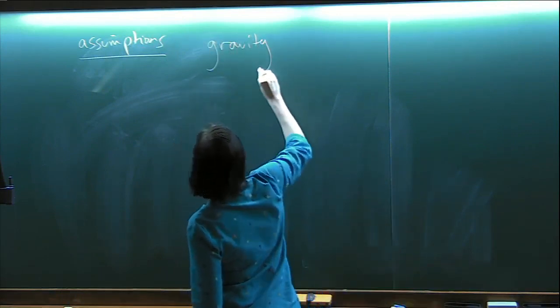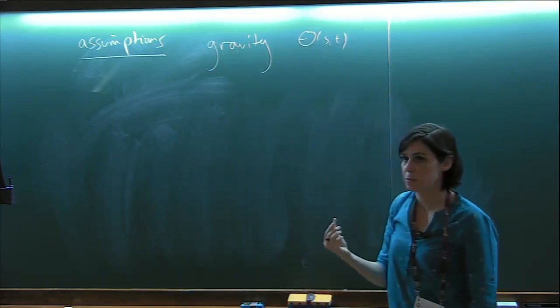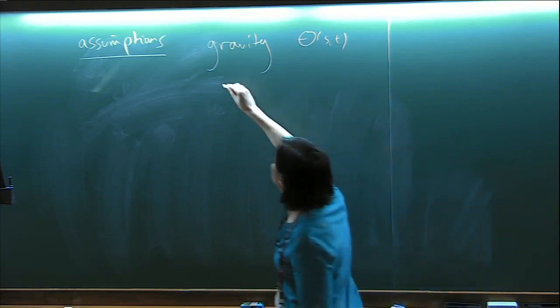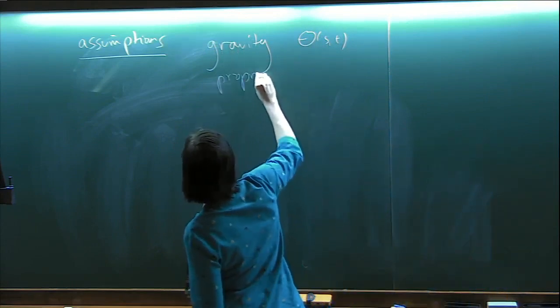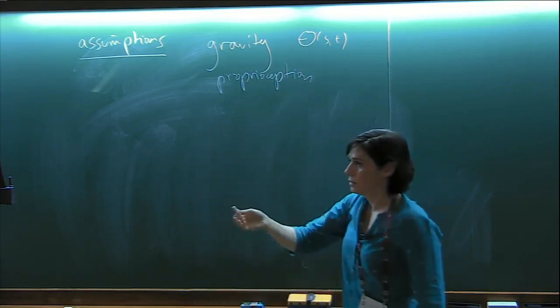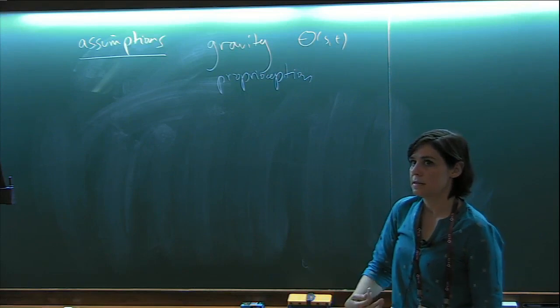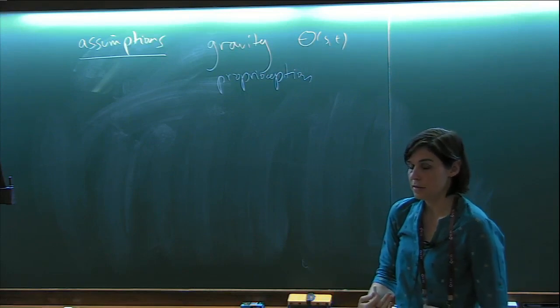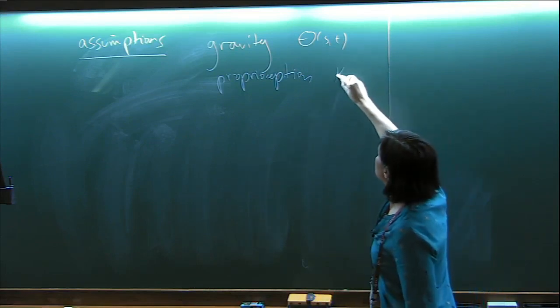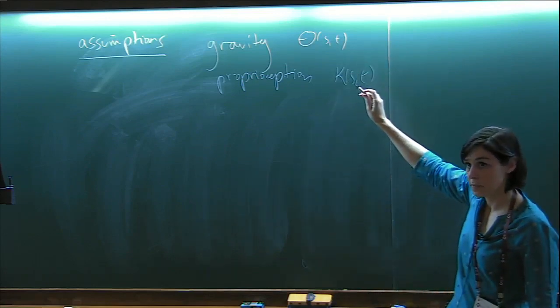Gravity, which is sensed through inclination. But now we're saying that we also have proprioception, this restoring force. And as you're asking, what is it sensing? It's sensing its curvature, right? So it will be a function of kappa, not of theta.